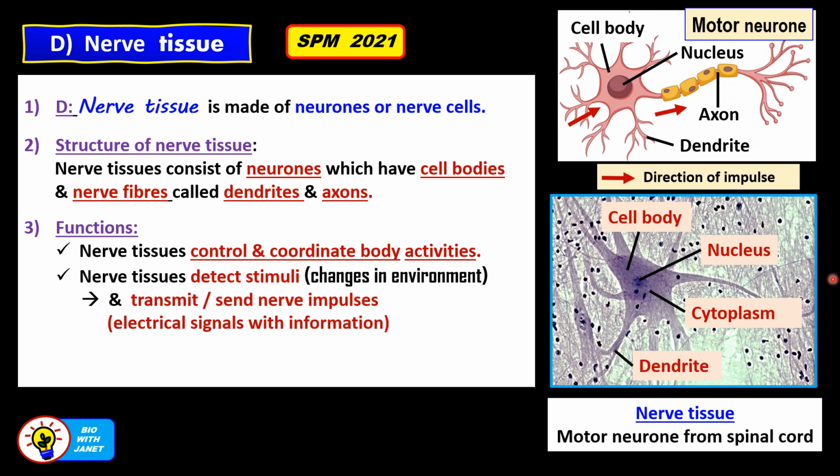Nerve impulses are electrical signals with information to the brain, muscles, or glands for a response from the organism towards a stimulus. So the main function is the top, and then you can talk about the more specific function below here if more marks are given.